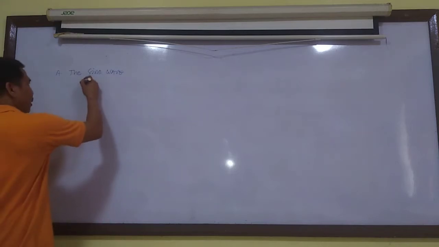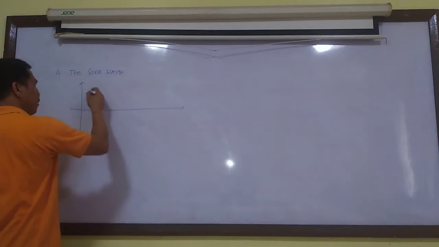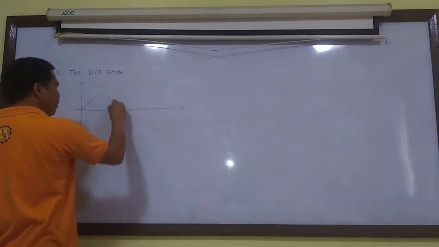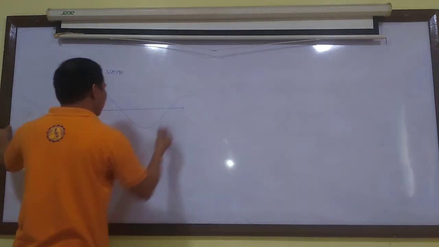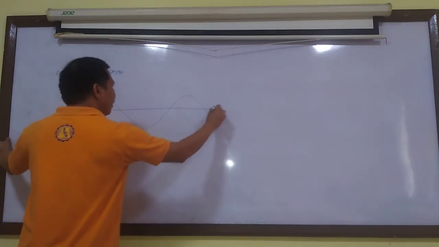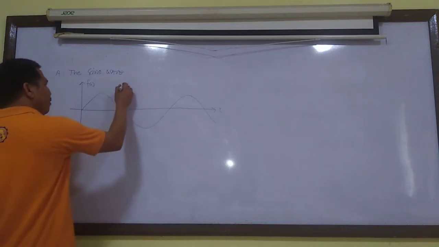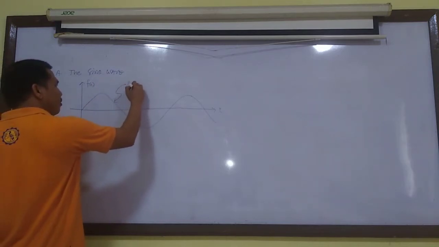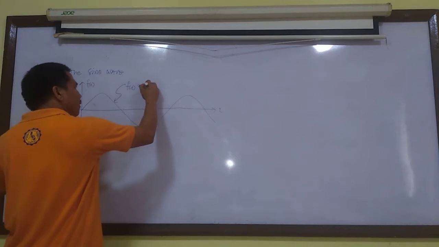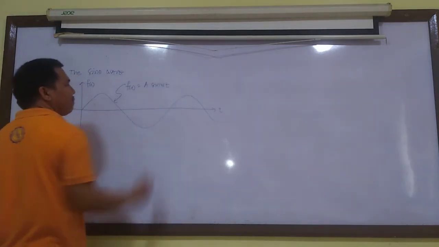For the sine wave, your function of t equals A multiplied by sine of omega t.